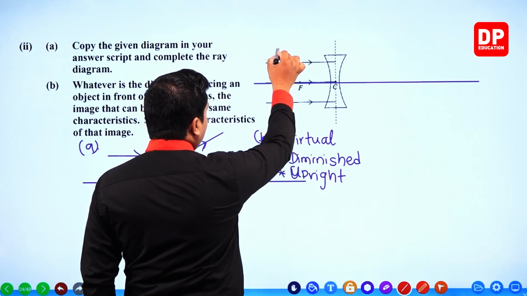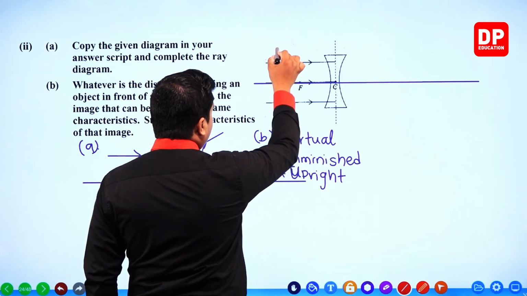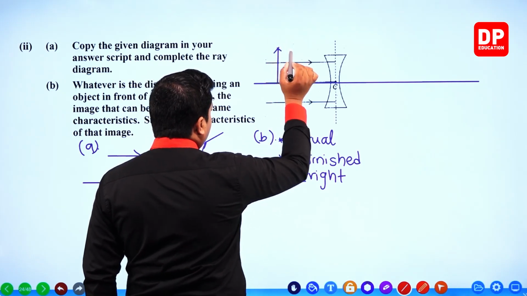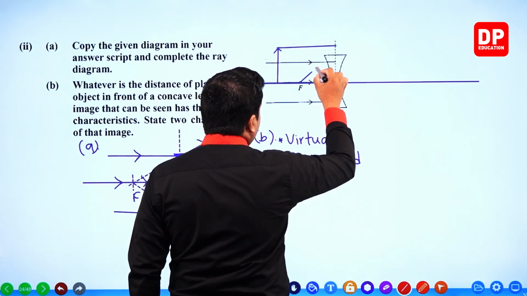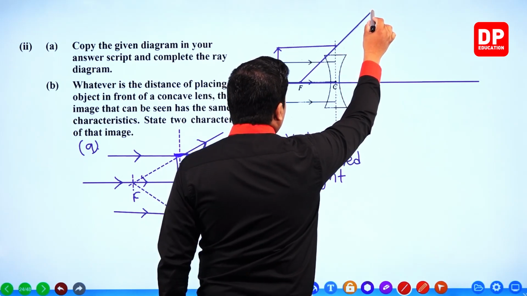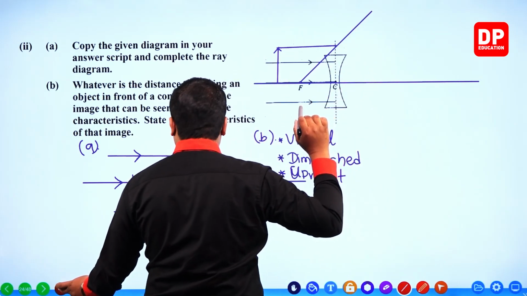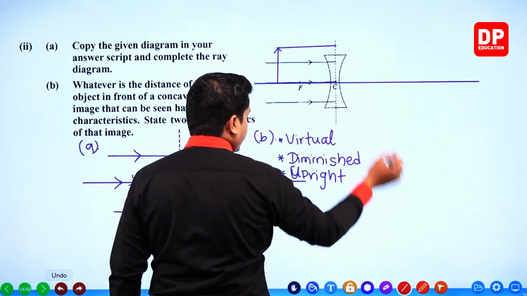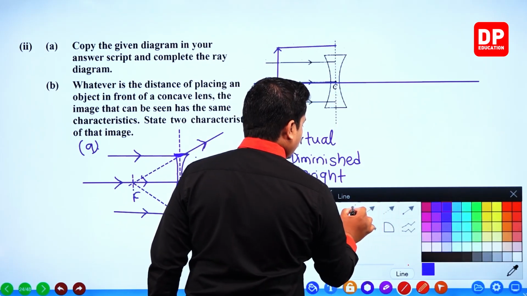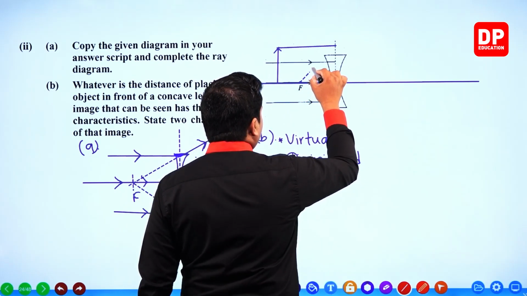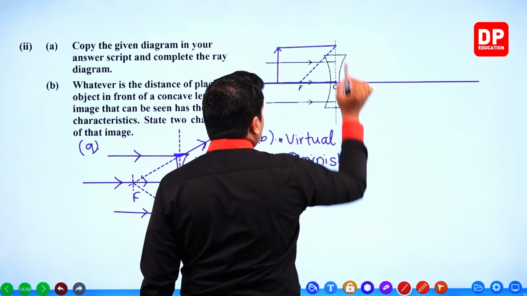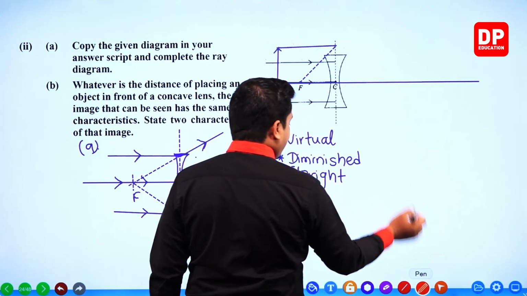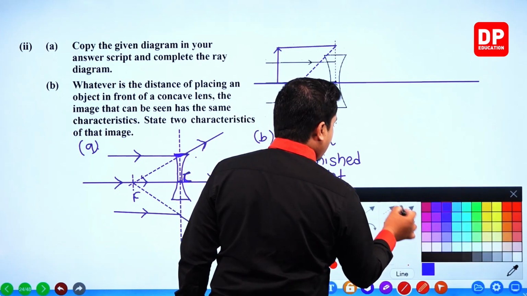I'll keep the object like in here. Then draw the parallel line. Then it is passing like this, right? This is the first straight line.